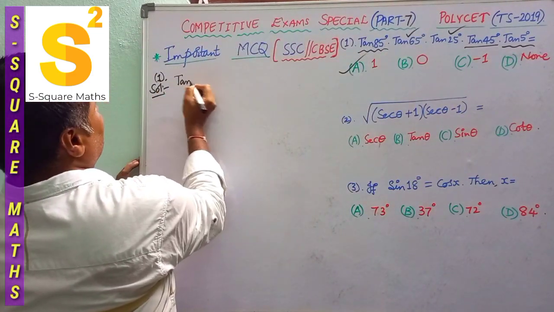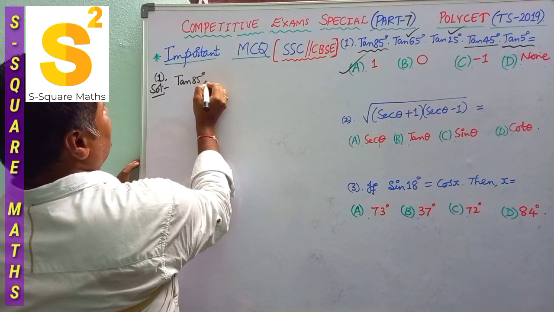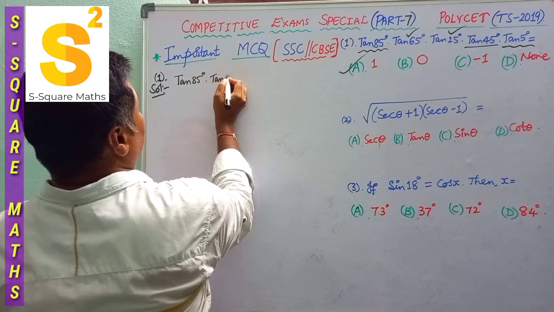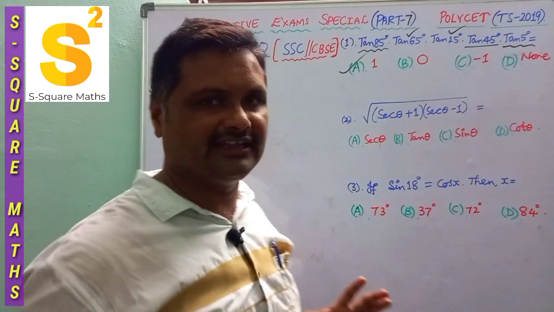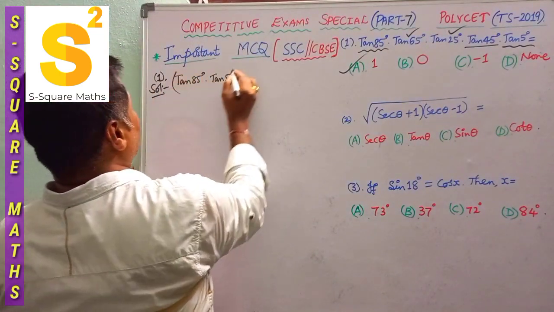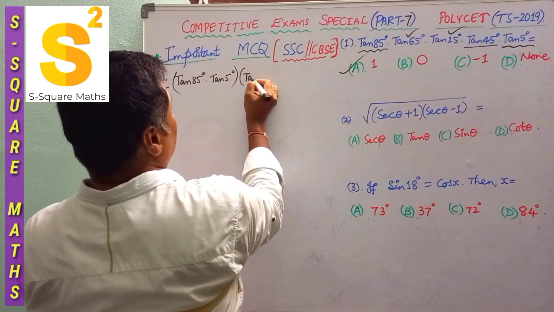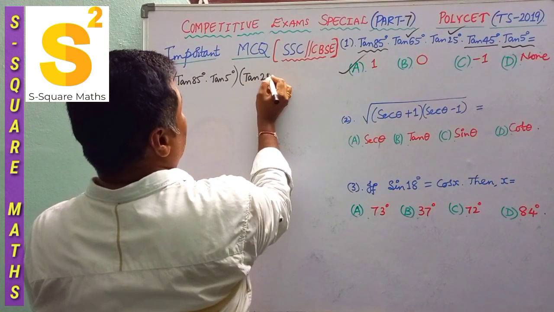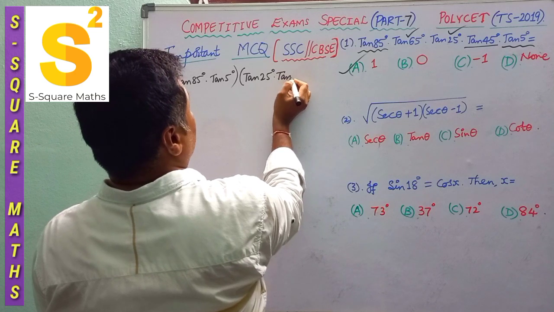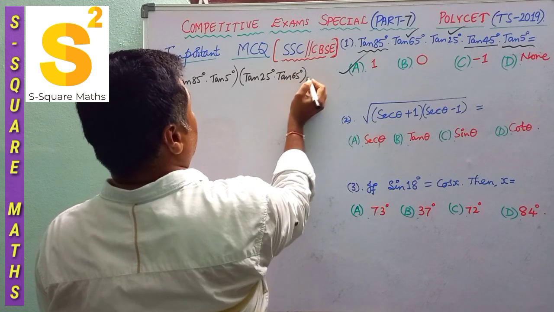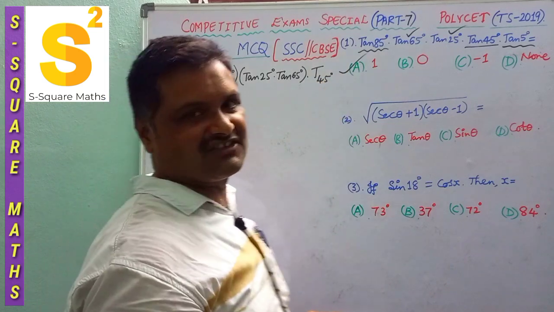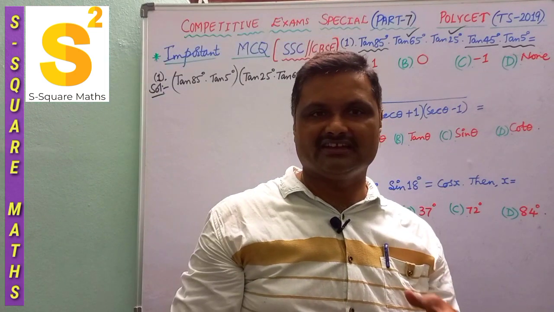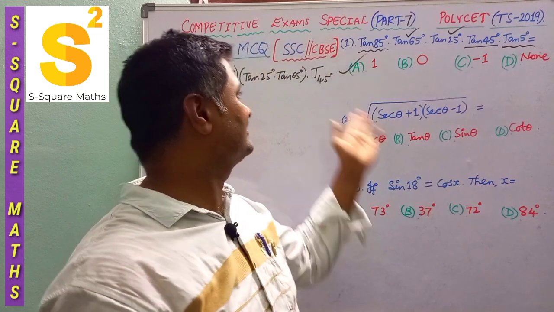I am clubbing directly tan 85 degrees into tan 5 degrees, because 5 plus 85 gives you 90. Next again consider tan 25 degrees into tan 65 degrees and tan 45 degrees. Don't get confused, tan 45 degrees.